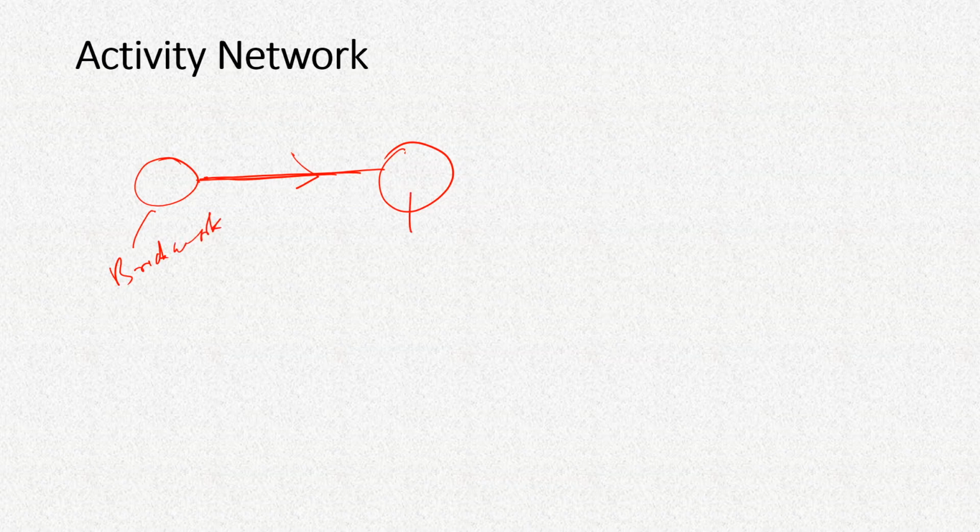So in an activity network, what we do is we use some nodes and arrows. So this node will lead to another node. This node represents, suppose, the beginning of brickwork, and this node represents the end of brickwork.